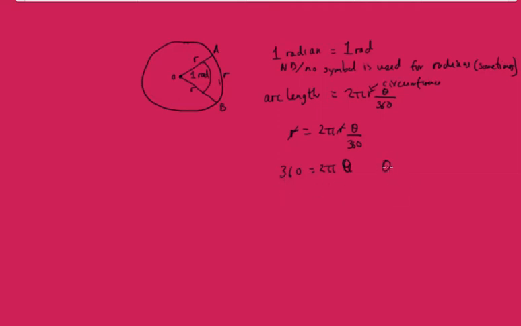So theta equals 1 radian. So 360 equals 2 pi radians, which means 180 is equal to pi radians.